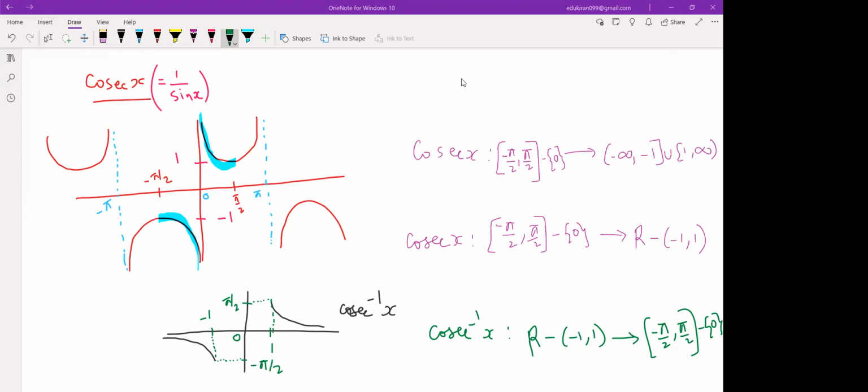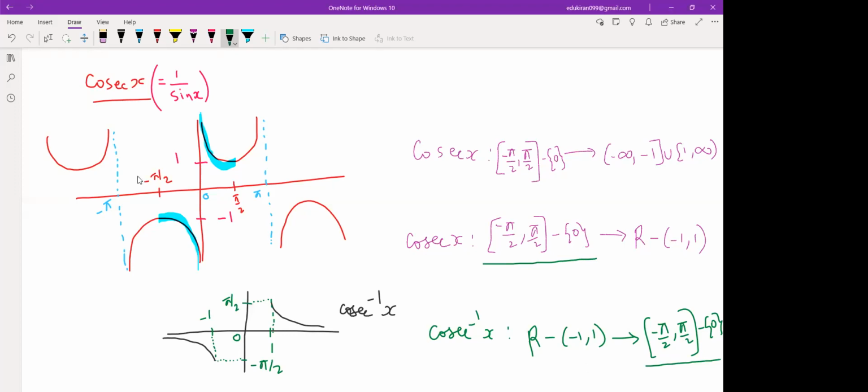Austin is saying, what is that minus 0? That is actually we are not taking 0 into consideration in the codomain because this graph is not touching or intersecting the x-axis. So 0 we have to eliminate. So here we have eliminated 0. So that is why here also we have eliminated 0.